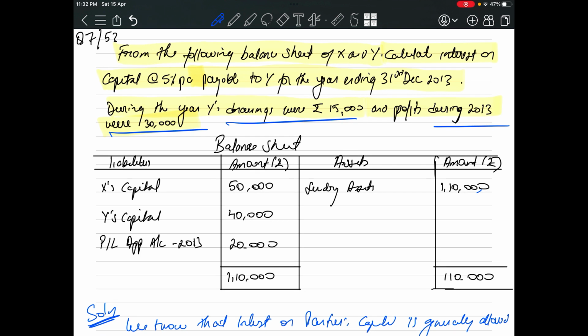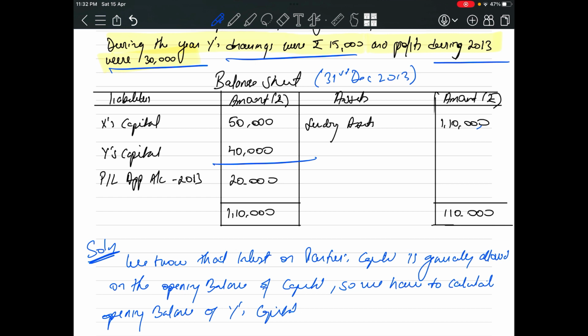The question has given us information related to 31st December, so this balance sheet is for 31st December 2013. The closing balance given is 40,000, but we know that interest on capital will always be calculated on the opening balance of capital. So now we'll have to calculate the opening balance of capital.